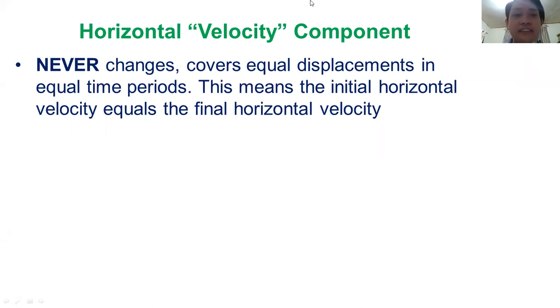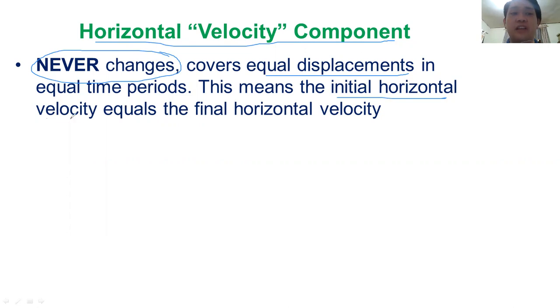Again, I'll highlight, in a horizontal velocity component, it never changes. It covers equal displacements. That means the initial horizontal velocity is equal to the final horizontal velocity. That is how we describe the horizontal velocity component.